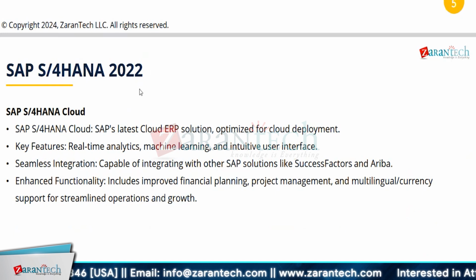With 2022, the S/4HANA Cloud was launched. This S/4HANA Cloud is nothing but a public cloud. With the introduction of the public cloud concept, the entire shift from SAP GUI to only SAP Fiori happened.